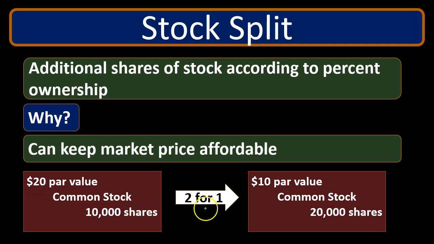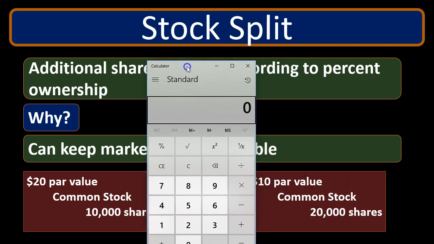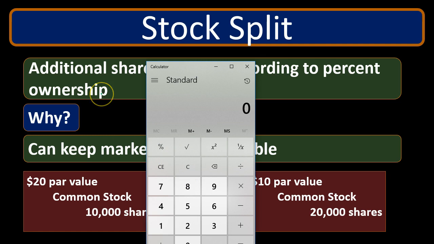Then we had a 2-for-1 stock split. So everybody that had a stock now, if they had one stock, now has 2 stocks. That means there's 20,000 shares out there. And now the par value got split in half to $10. So we split the par value, that arbitrary number, in half. The outcome is that we have 10,000 shares times $20 par value at the beginning.